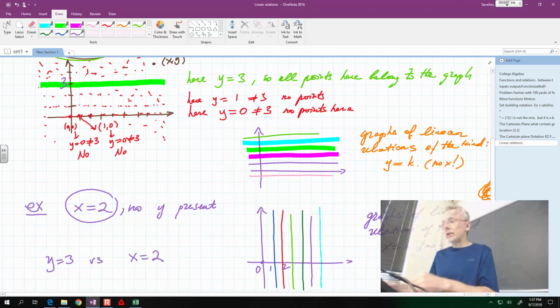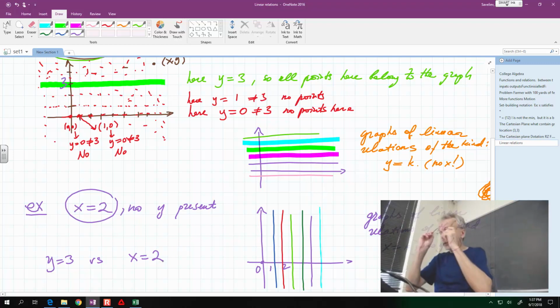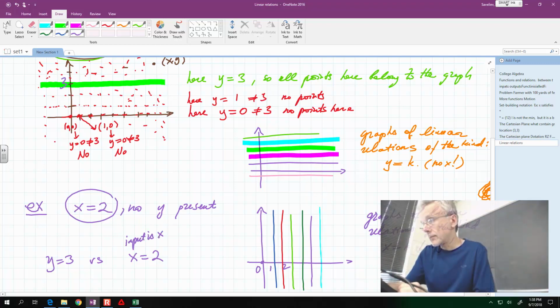One is very different from the other, from the point of view of functions. That's the hint. Well, suppose x is the input and y is the output. These are two different ones.